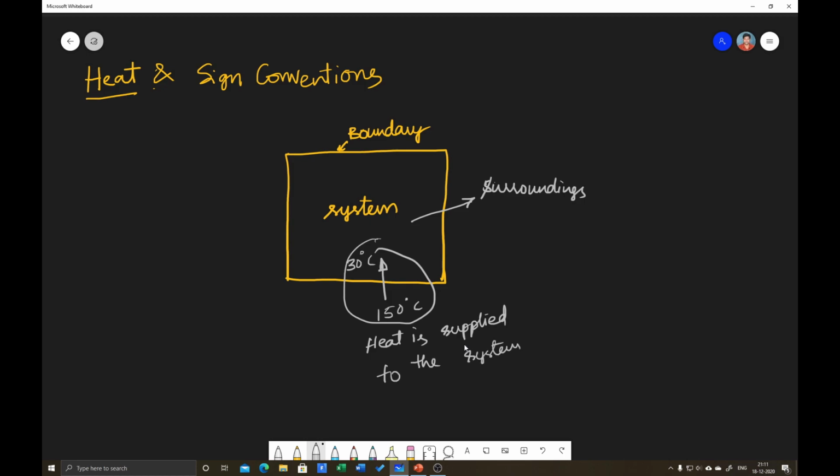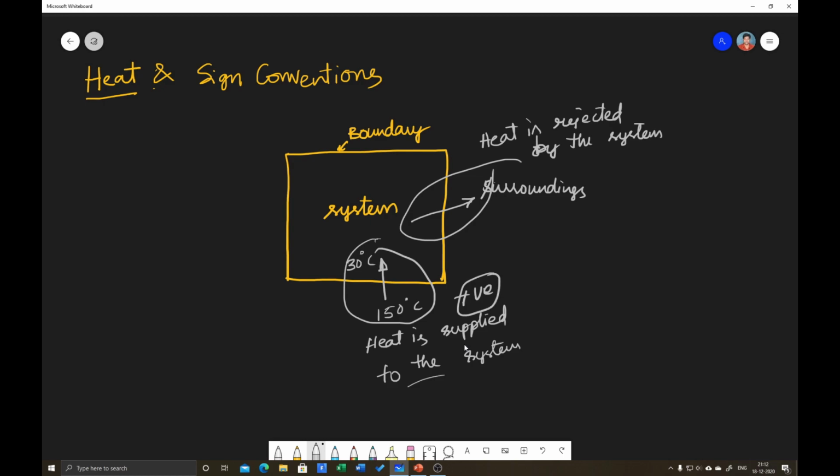Here, heat is rejected by the system. That means heat is going out of the system. So there are two cases of heat. Whenever heat is supplied to the system, this is taken as positive. Whenever heat is rejected by the system, it is taken as negative.